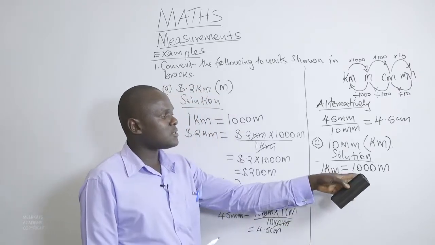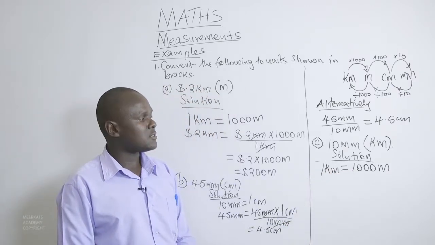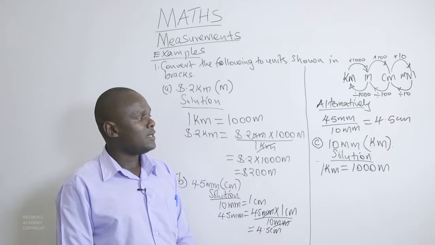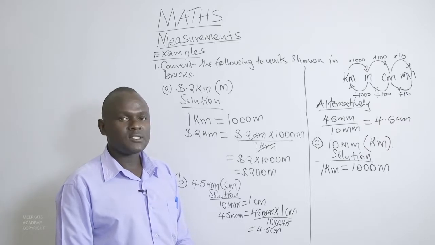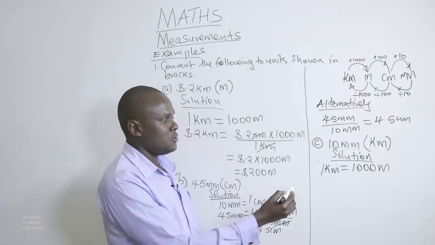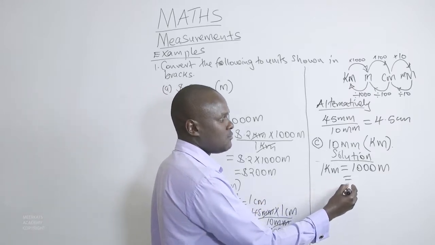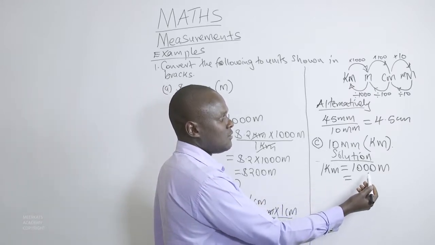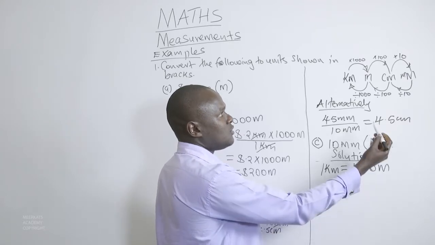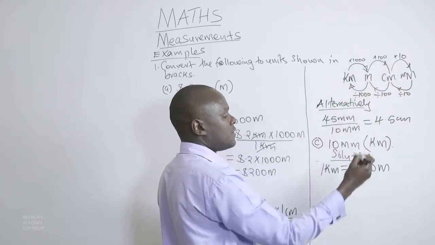Can we convert this 1,000 meters to centimeters, and ultimately convert the centimeters to millimeters? Yes, it is possible. We are at meters, we want to move to centimeters, we multiply by 100.